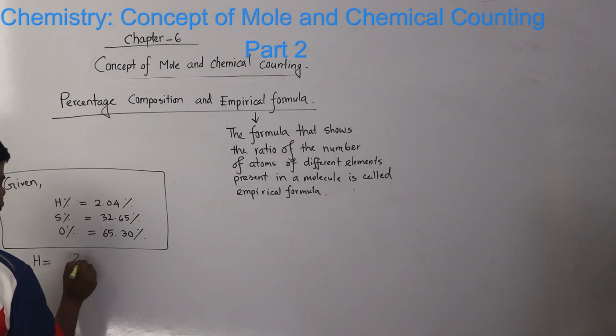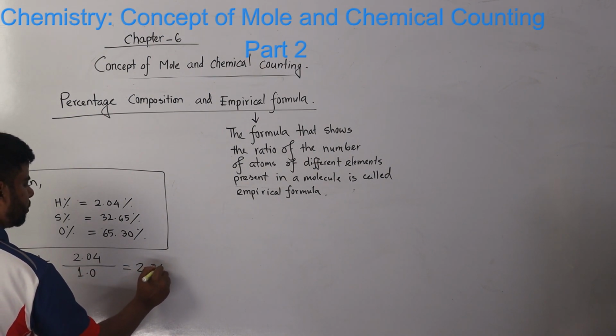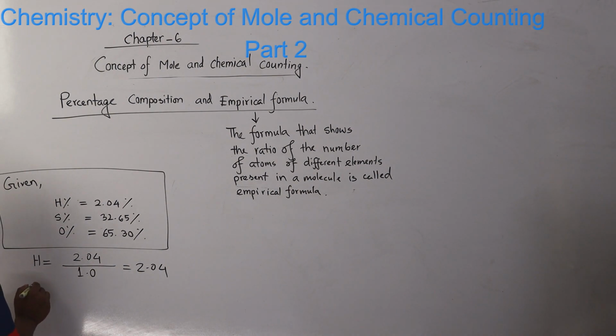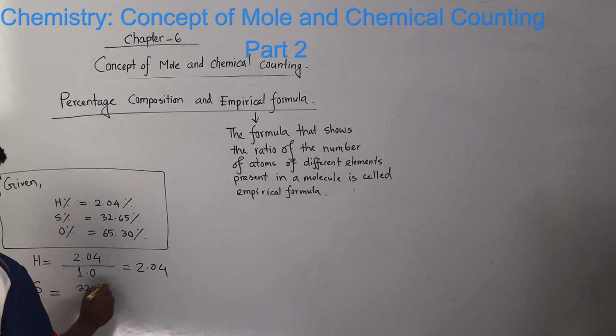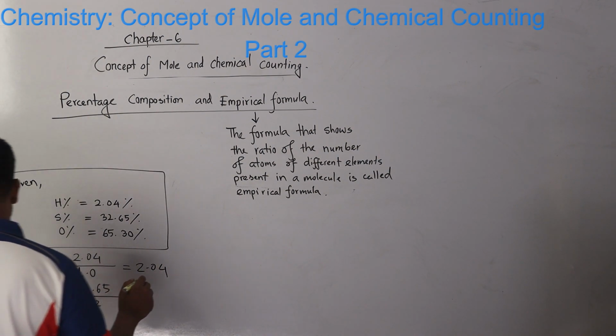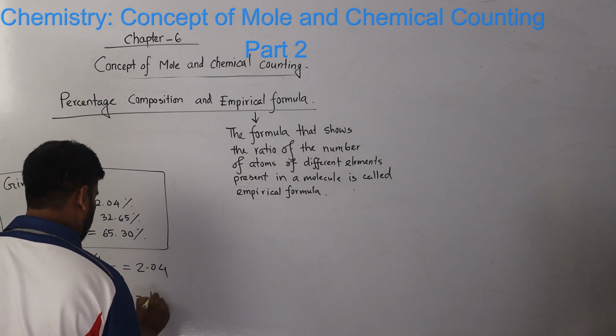Say 2.04 divided by 1, so 2.04. And sulfur 32 percent, but the atomic mass is 32, so 1.